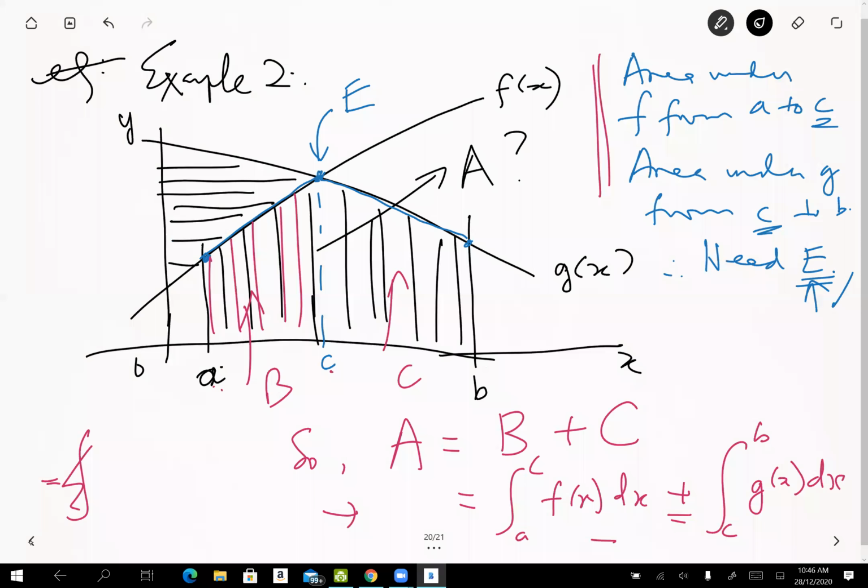Since this is A, I call this area BC. Let's say I want to find the area D here. Okay, how can I find area D? You look at the diagram, think, and you recognize the area.